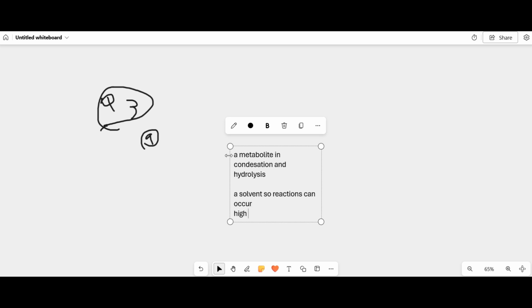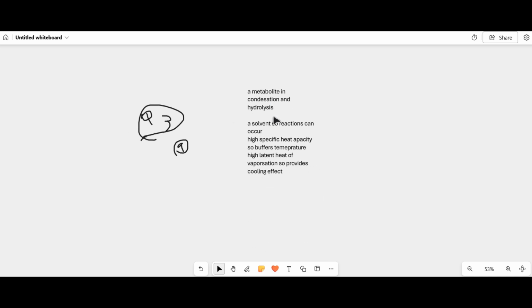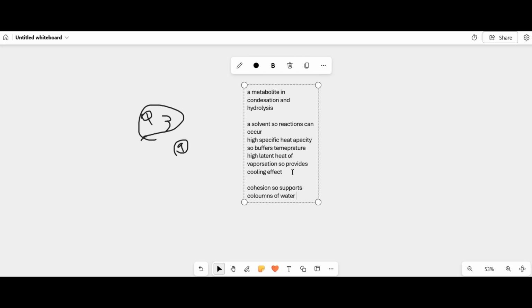High specific heat capacity, so it buffers temperature. High latent heat of vaporization, so it provides cooling effects. And then finally, cohesion or adhesion in the xylem.